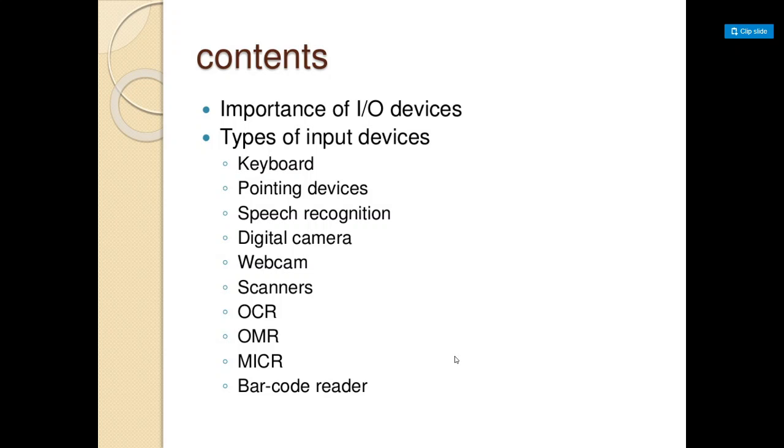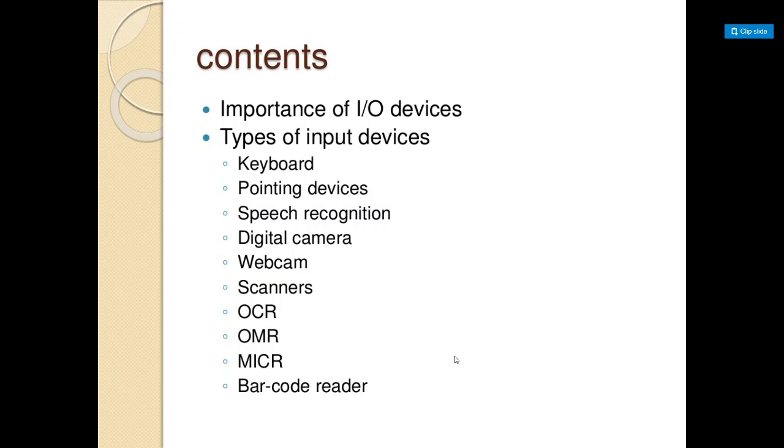In this video we'll see the third unit, that is types of input devices and types of output devices. So first we'll look into the types of input devices that we have for our systems. The most common input devices that you're already aware of are the keyboard and pointing devices such as a mouse.